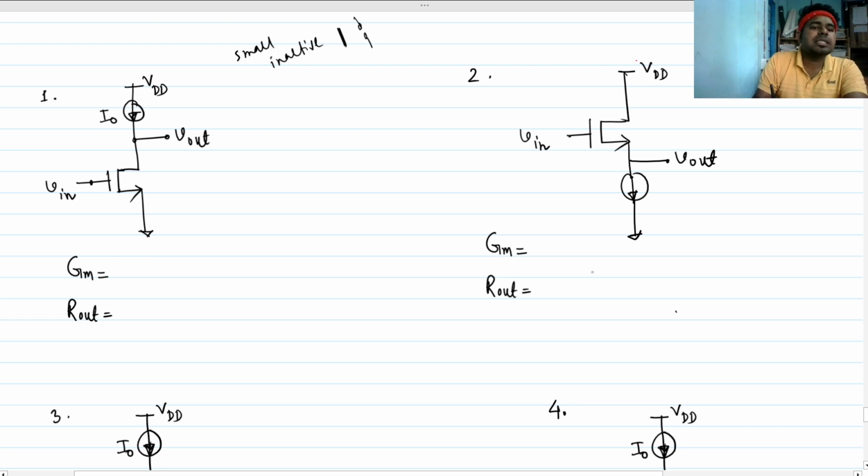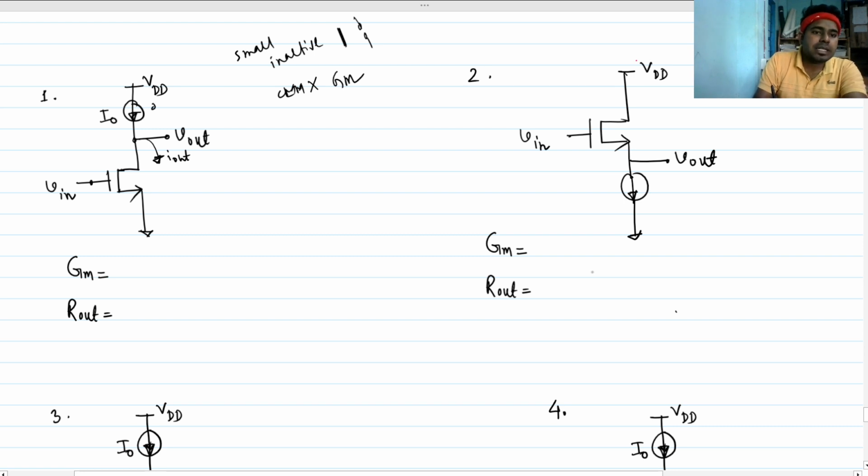In this case we will neglect CLM, channel length modulation, for finding overall gm. To find gm, this is ground, and we have to find the I out.